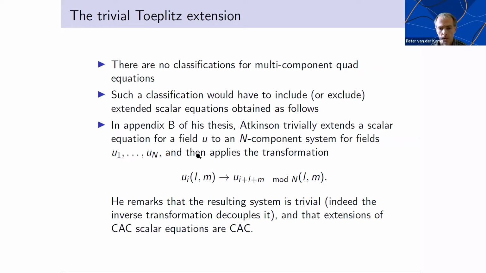So what he did was, you have a scalar equation, which is CAC, and then you take N copies of this scalar equation, and you kind of mix up the values from different sides, and you switch all these things around according to this formula.